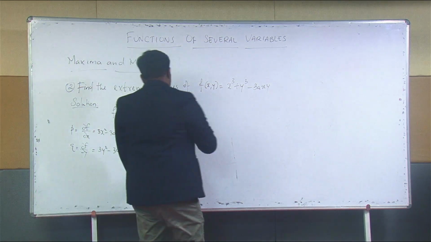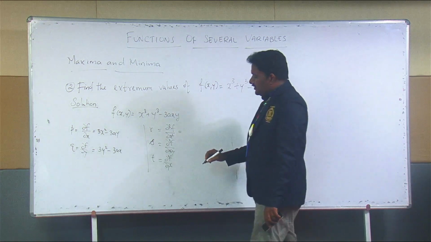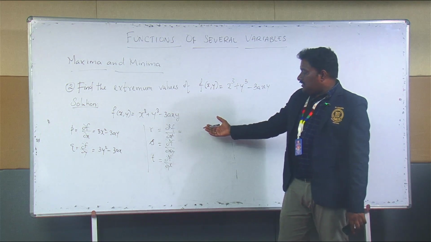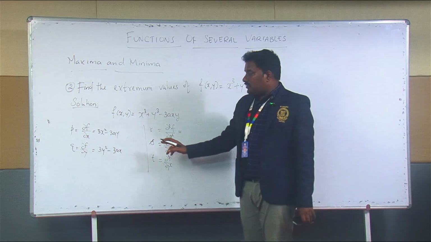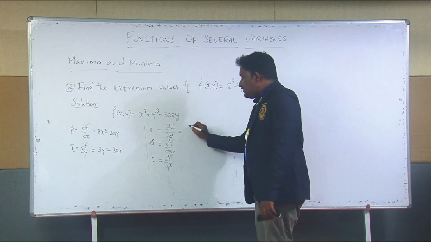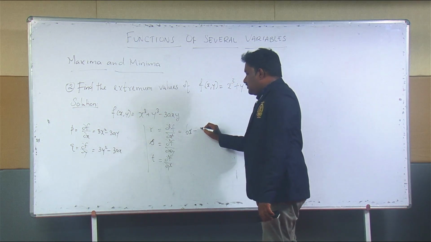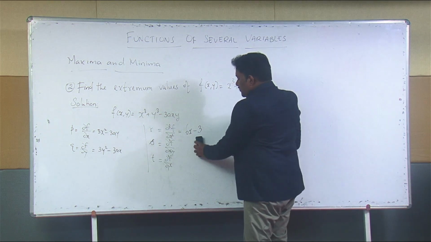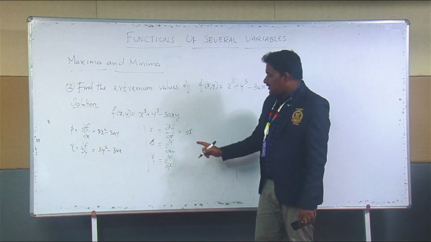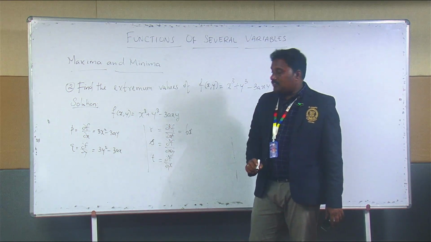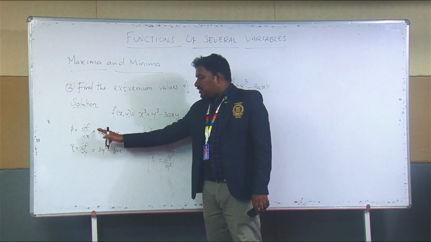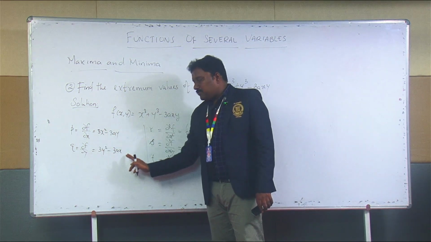On the other side we have r, that is dou square f by dou x square. We have to differentiate this once again with respect to x. So, take this value 3x square minus 3ay. Differentiate that again, that is 6x minus, yeah, here we do not find any x value, that becomes 0. So, the 6x will become the value of r. So, s means either you can differentiate this with respect to y or that with respect to x.